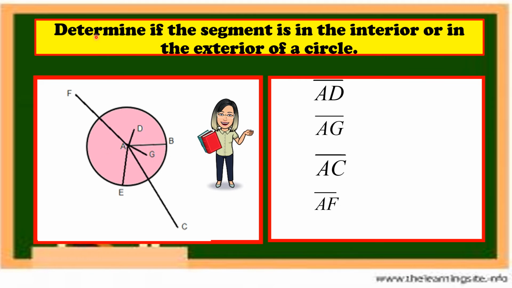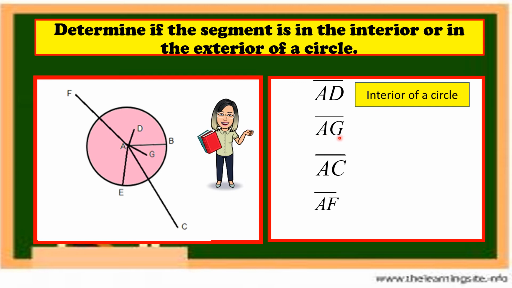We need to determine if the segment is in the interior or in the exterior of a circle. How do we know whether it is in the interior? If the segment is less than the radius, it is in the interior. If the segment is more than the radius, it is in the exterior. We have segment AD. Segment AD is from the center of the circle to a point inside the circle, so we have interior of a circle.